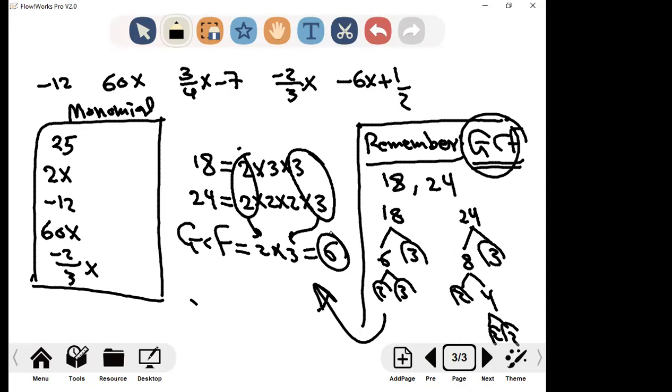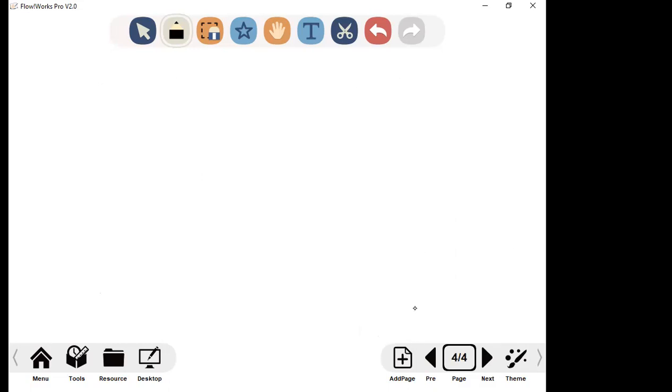What's the difference here? We'll find the greatest common factor not for numbers but for algebraic expressions. But we will follow a similar idea. For example, example 1.